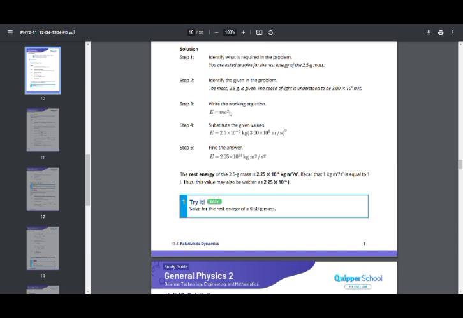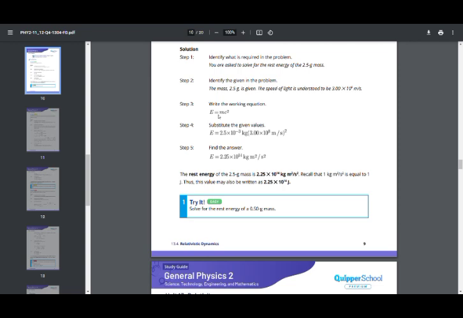We need to copy the equation, E is equal to mc squared, and then we just substitute. The given mass of 2.5 grams is 2.5 times 10 raised to the power of -3 kilograms, and then we multiply by the speed of light squared.